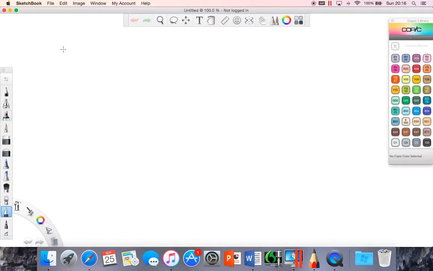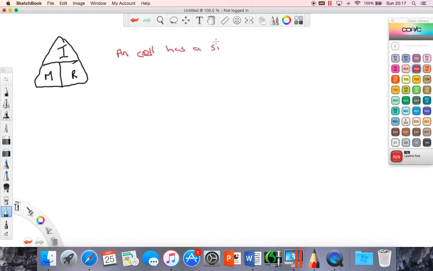If I draw our triangle as promised up here, we've got the image size, magnification, and the real object size. Put down a nice triangle. I would say neat, but it's not the neatest. Like so. And let's suppose that you get the following exam question. An object or a cell has a size of, let's say, 7 micrometers.